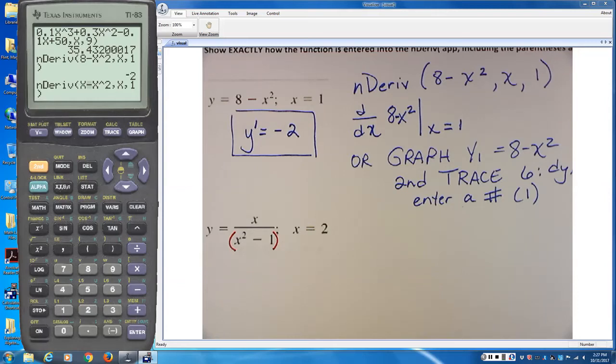x divided by parentheses x squared minus 1, close the parentheses, enter your x, comma, then x, and then a comma, and this one says that x equals 2.